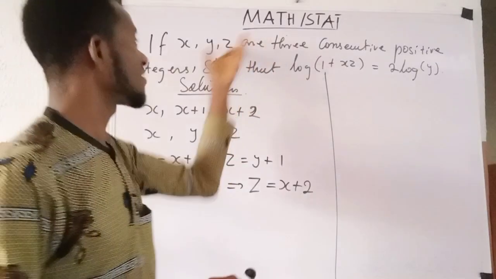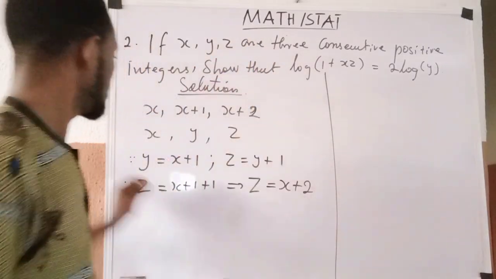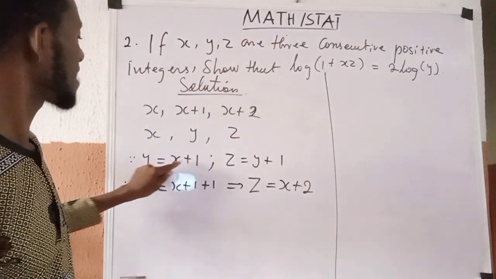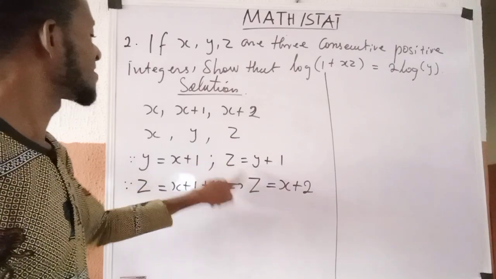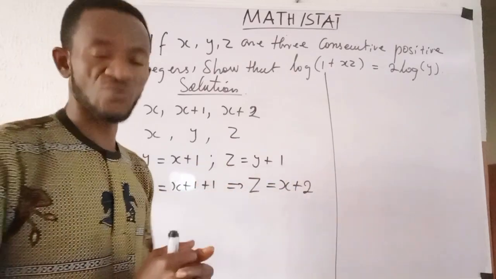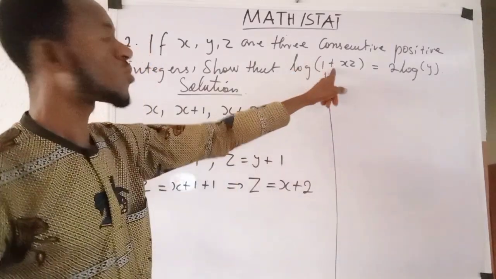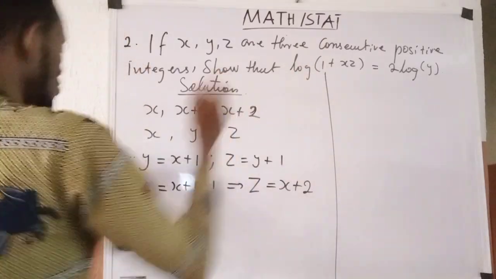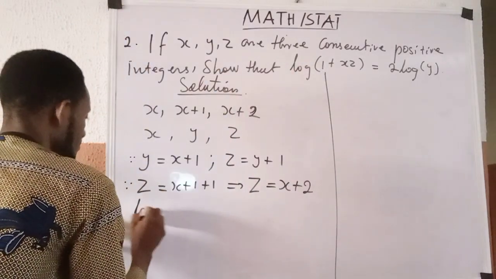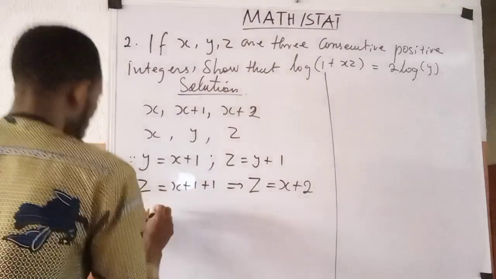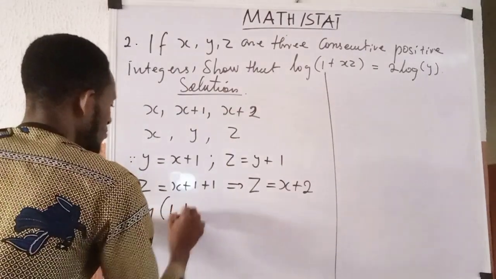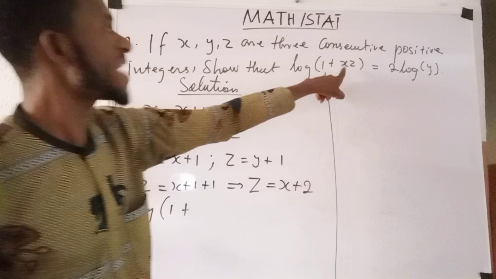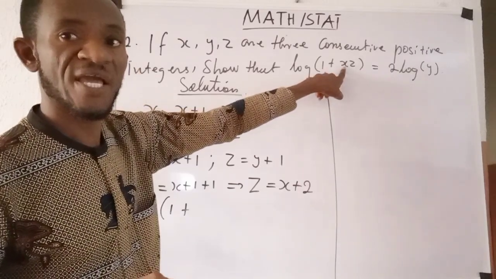So what I have achieved from this information is that my y is x plus 1 and my z is x plus 2. Then I'll now come to what they gave me. What they gave me is log of 1 plus x.